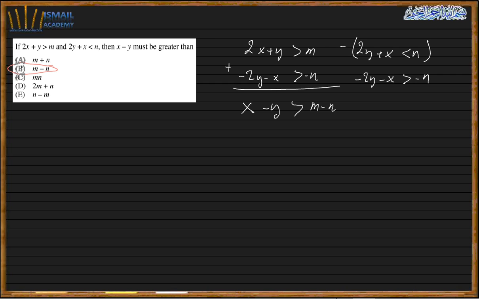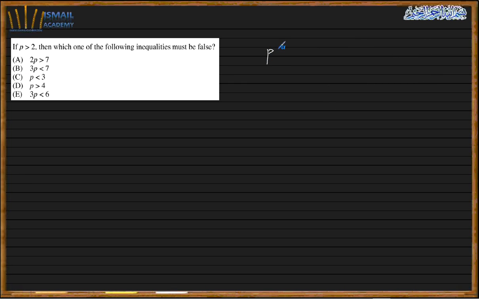Last question. So we have if p is greater than 2, which one of the following inequalities must be false. All right, if I multiply this by 2, I get 2p is greater than 4. Yes, it's possible to have p equal 10, so it's going to be greater than 7.